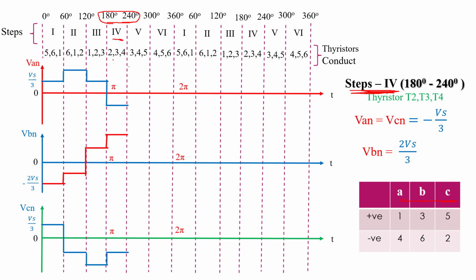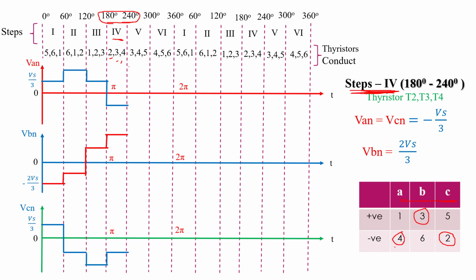In this step 3 thyristors conduct simultaneously: 2, 3 and 4. So here we mark them in the table. After marking, we analyze that thyristors 4 and 2 are the negative group thyristors connected in parallel, and thyristor 3 is the positive group thyristor connected in a single branch in series with these 2 thyristors.